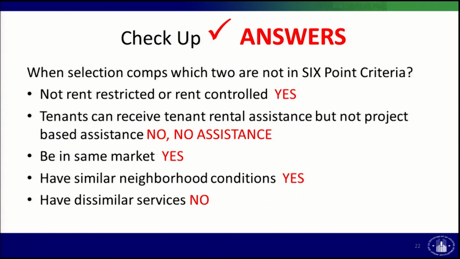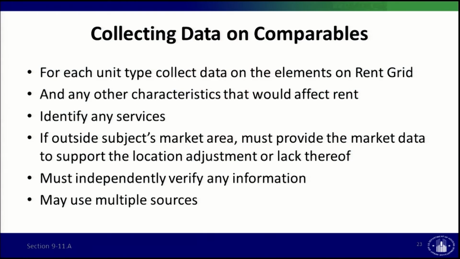In the next few slides, we're going to discuss collecting and reporting the data on the comps once you've selected the 5 that you wish to use. Collecting the data. For each unit type, you, the appraiser, must collect data on the elements on the rent grid, and any other characteristics that would affect rent.